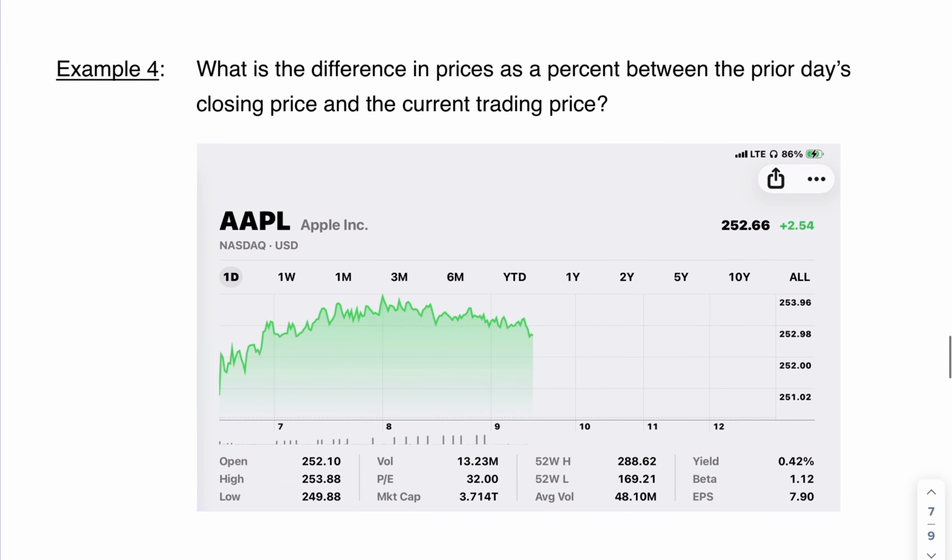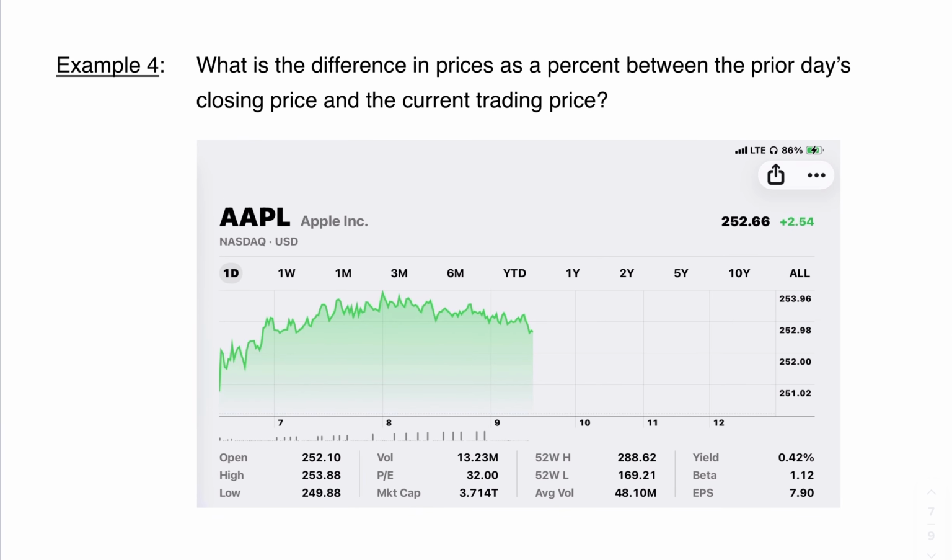And then in example 4, the question here is, what is the difference in prices as a percent between the prior day's closing price and the current trading price? So the information you want to look at is right here.